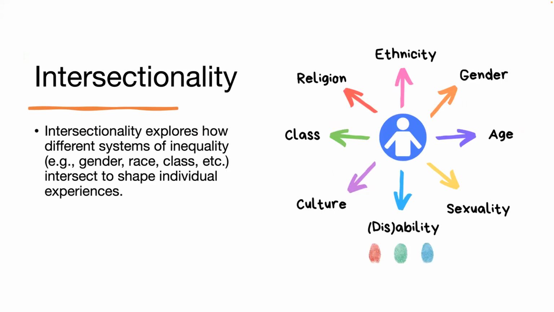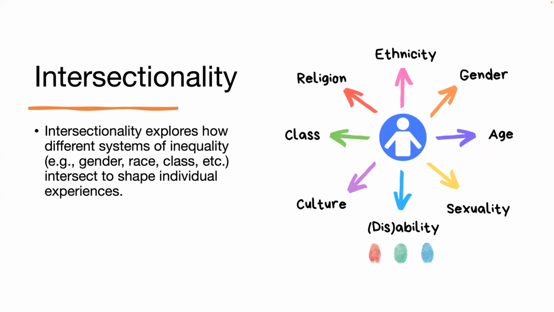Intersectionality is about how different systems of inequality come together and affect our individual experiences. Let me give you 2 examples to make it clear. First, imagine a woman not only faces gender discrimination, but also racial discrimination.